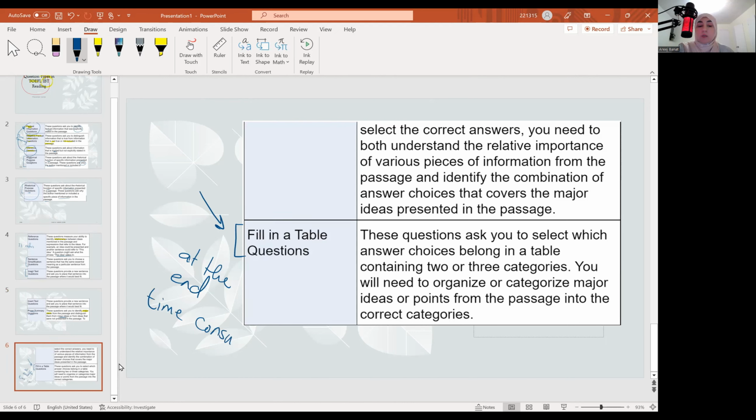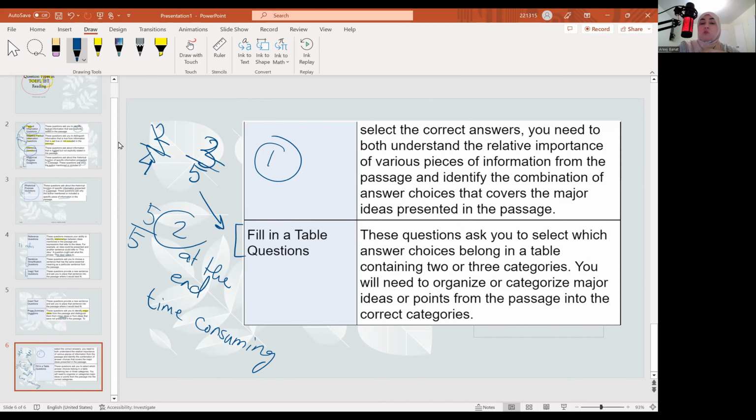Sometimes you would spend a lot of time on it, but you won't get them all correct. It is difficult sometimes to get all the answers in this question correct, and at the end, you do not get all the marks assigned to that question.